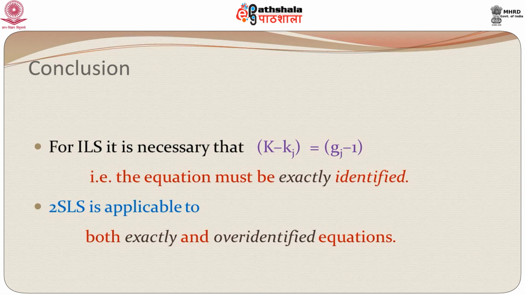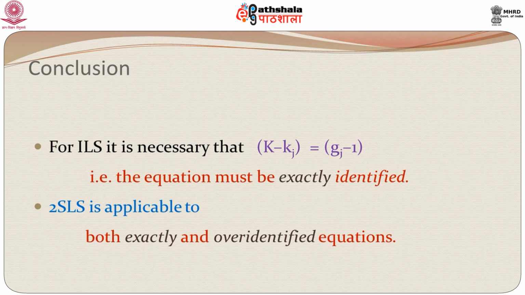The only difference is that xjm has k minus kj columns, and therefore, for the ILS it is necessary that k minus kj must be equal to Gj minus 1, so that it can replace the Yj's. And remember that this is the condition for exact identifiability.